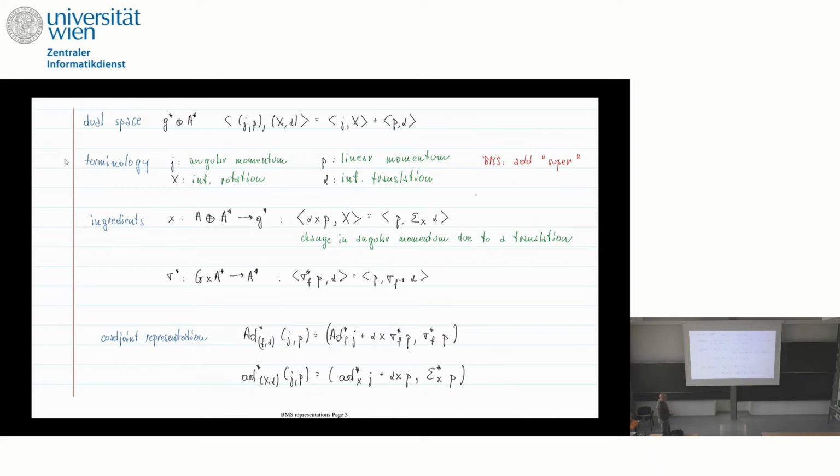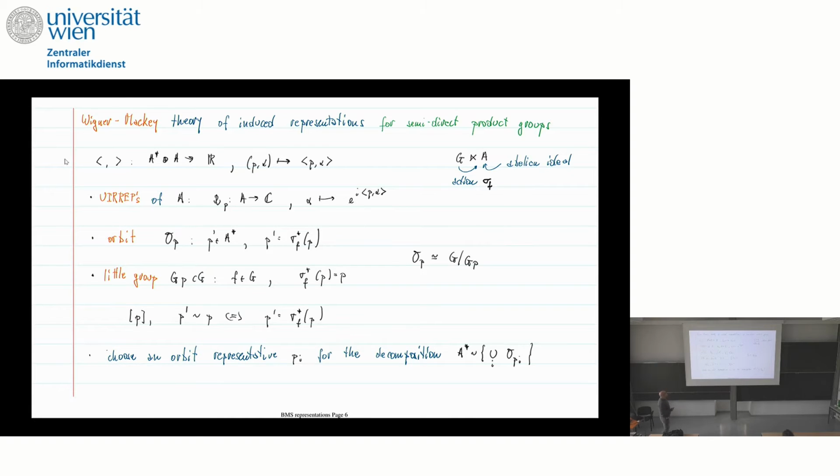So that's the structure of the co-adjoint representation on the level of the group, and it's a bit easier, as usual, on the level of the Lie algebra. That's the structure of the groups and the algebras, and that's what we are going to try to study for BMS4 at some stage. Any questions on that classical part, I would say?